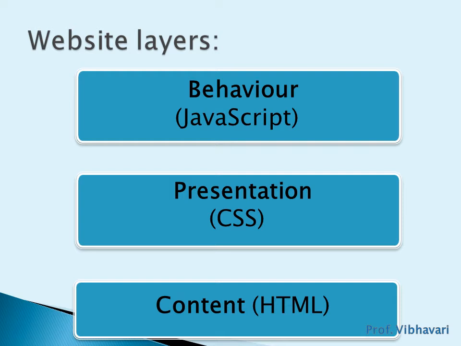First one, behavior, is represented or enrolled in JavaScript. The presentation is enclosed while using the CSS, and the last, the actual content required to make that website, is being encoded while using the HTML.